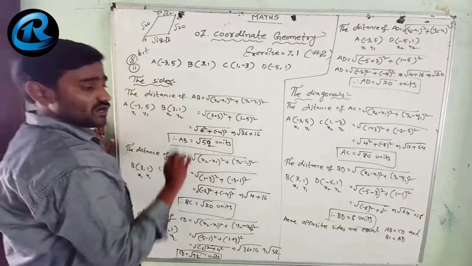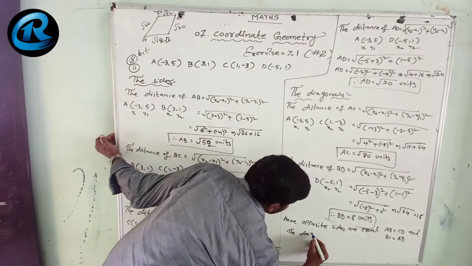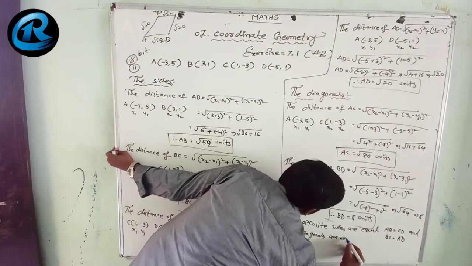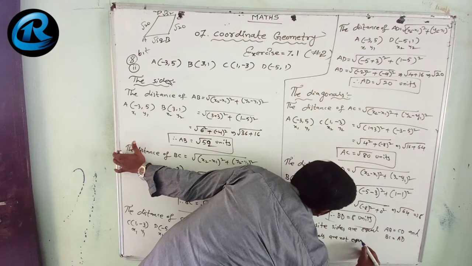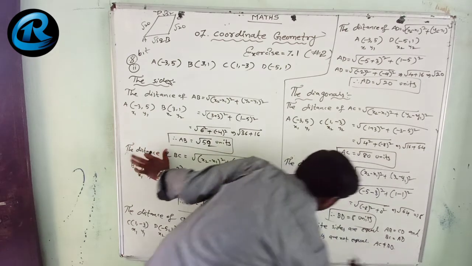And diagonals are not equal, that is AC is not equal to BD.